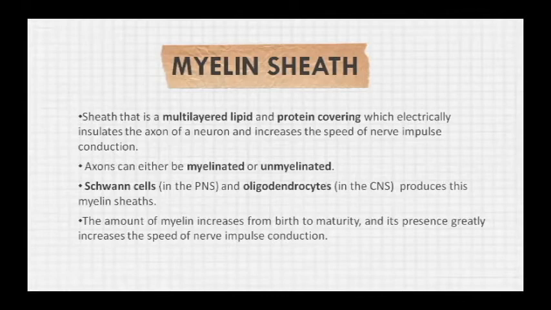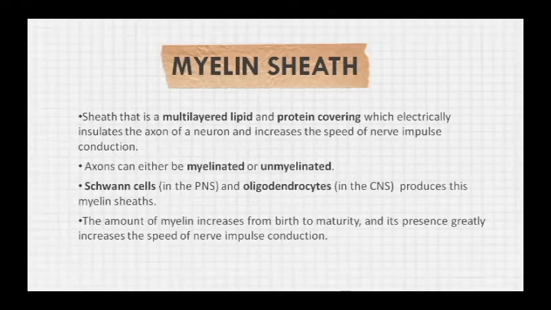Therefore, myelinated axons convey much faster nerve impulses than unmyelinated axons. Since unmyelinated axons don't have a myelin sheath, they don't have a part that helps increase the speed of nerve impulse conduction.